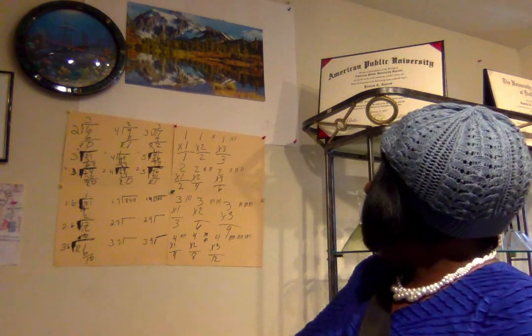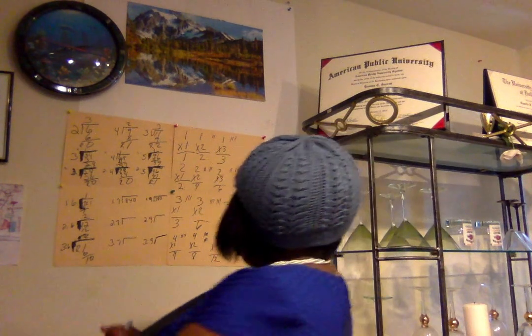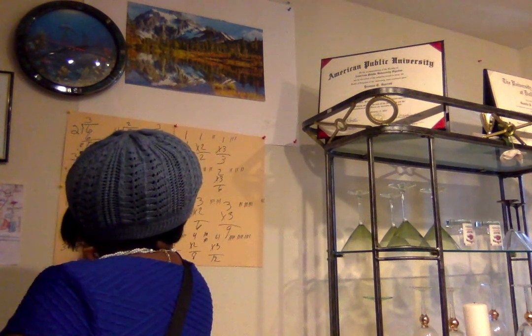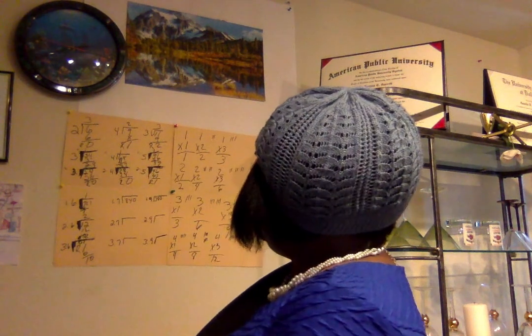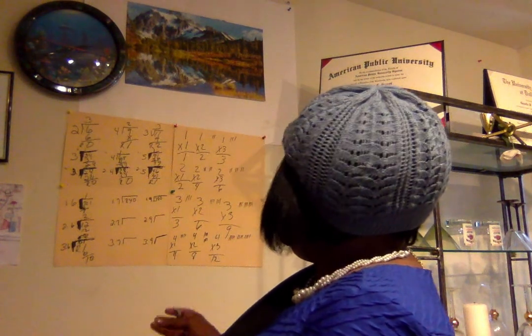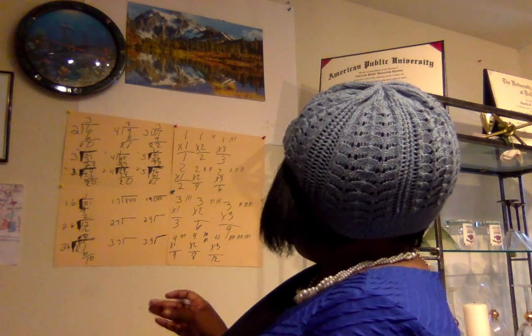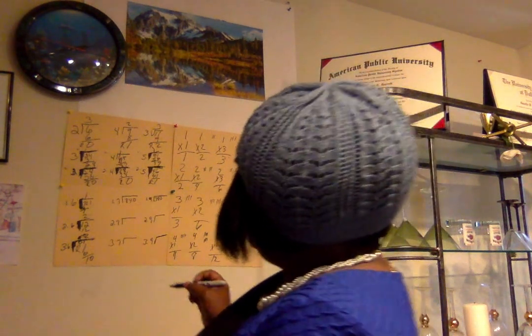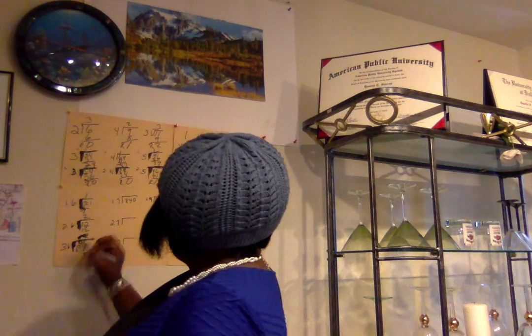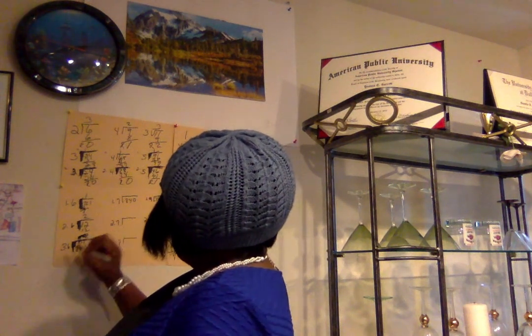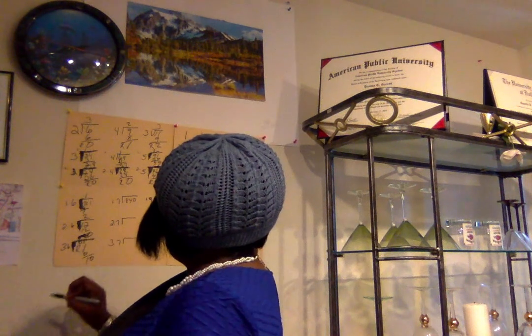2 times 6 is 12. So now you want to bring down your 0 and your 1. And 6 can't go into 0. So it says 0.